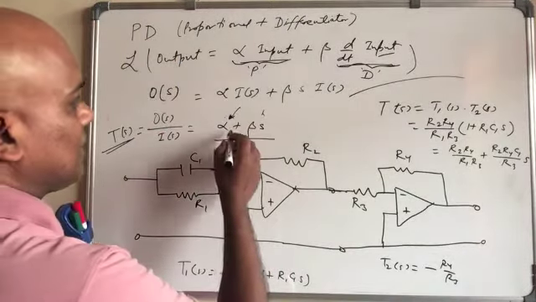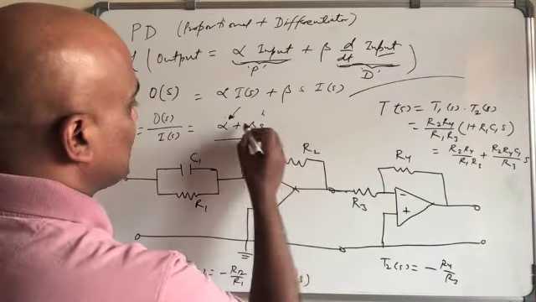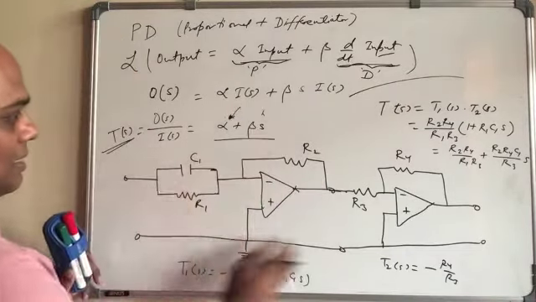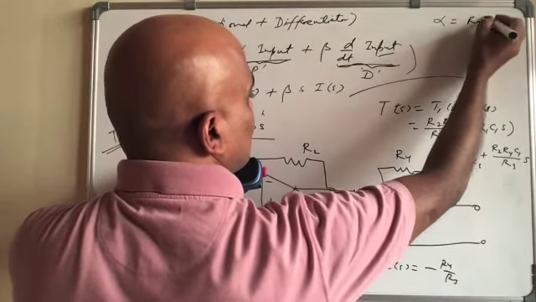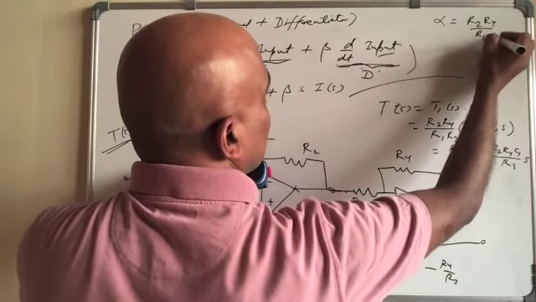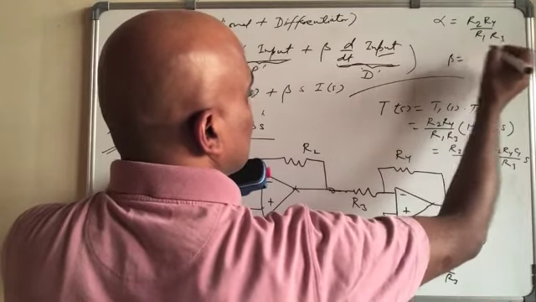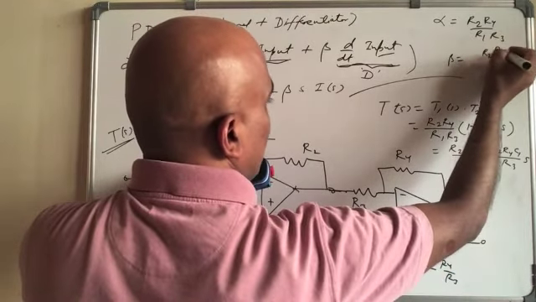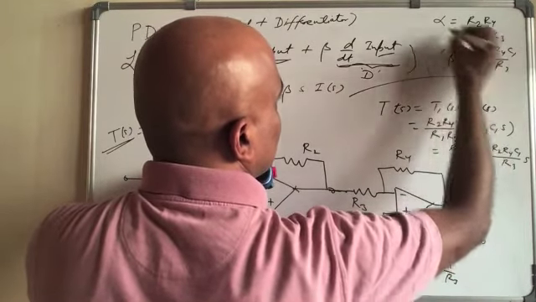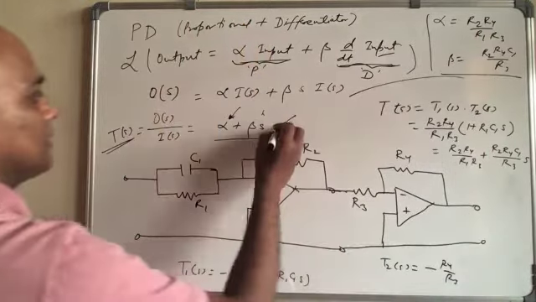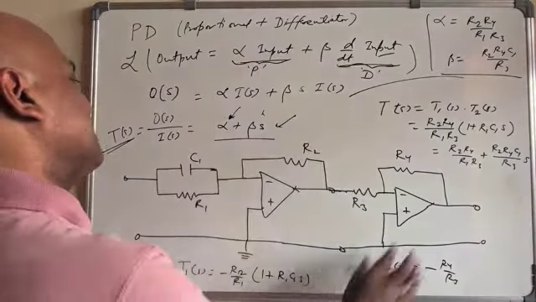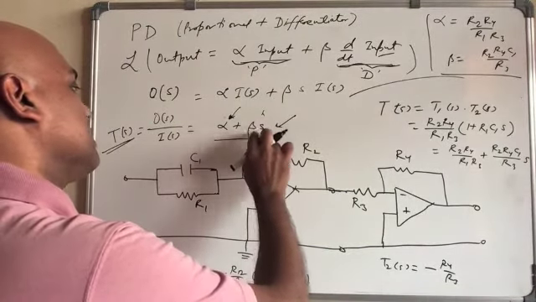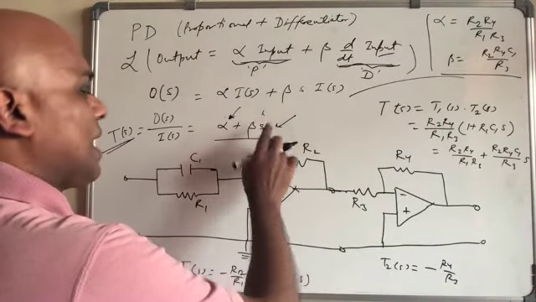In this case, alpha is equal to R2 R4 over R1 R3, and beta will be equal to R2 R4 C1 over R3.